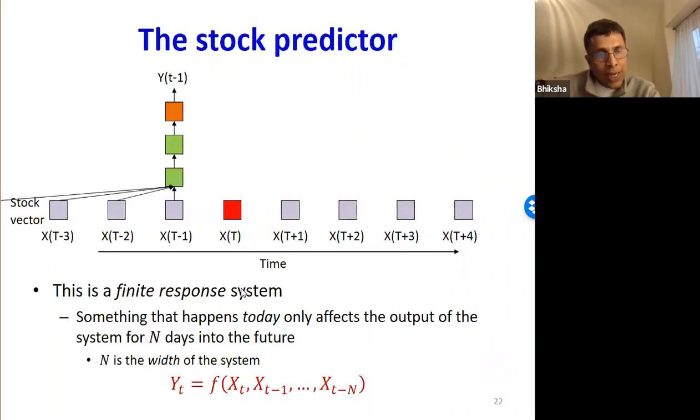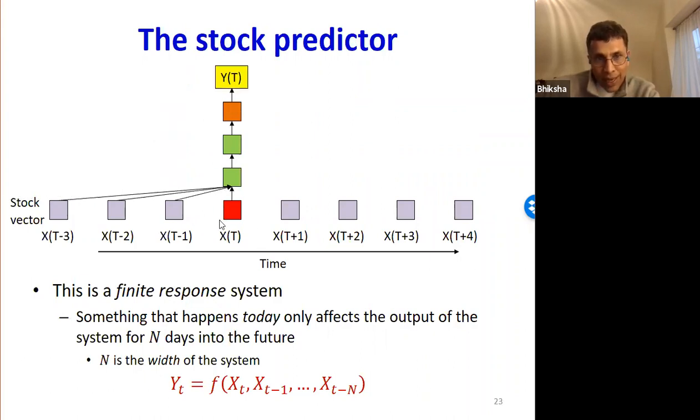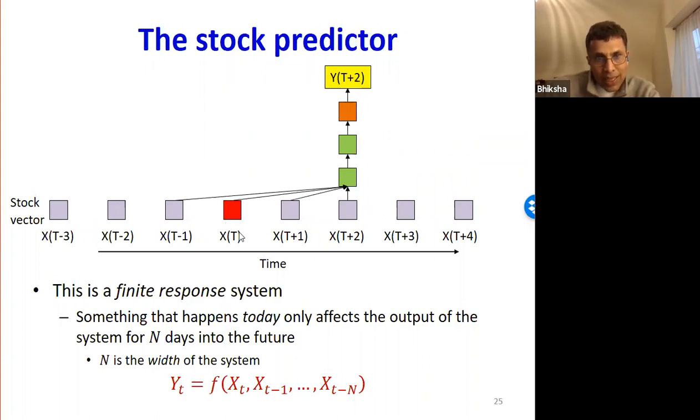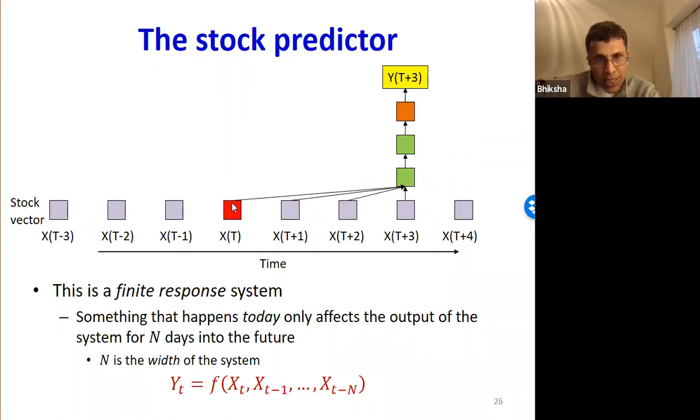Let's visualize this to see what I mean. Consider some event that happened here at capital T. As the network is sliding by, making its predictions, this input is not going to influence the predictions until the network itself arrives at time t. Then, as you move ahead, it continues to influence predictions until this point.